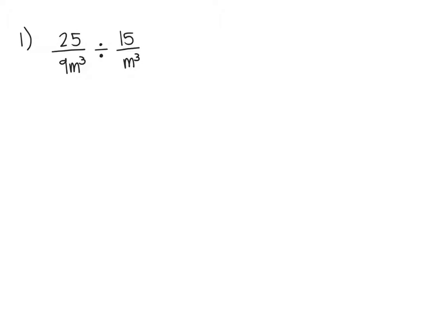So our first example is 25 over 9m cubed divided by 15 over m cubed. Anytime I see division, I change it to multiplication. And the way I do this is keep, change, flip.